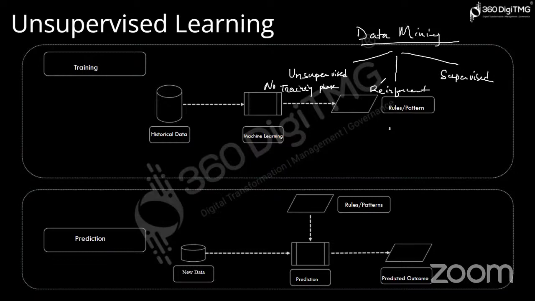In reinforcement, this is a totally different kind of model in which we place a learner in an environment and we just watch what it does. We see how it reacts to the environment, and if it performs a task which we want it to perform, we can reward it.